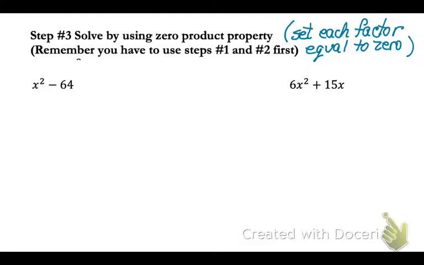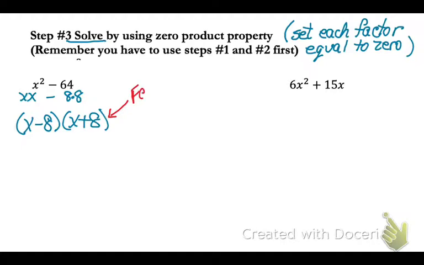Well, there's no greatest common factor that I can factor out of that, but I have a binomial. So I'm going to look at the number of terms, which is step 2, and it looks to me like I've got a perfect square minus a perfect square. So that is going to be difference of squares. So if I factor this, I'm going to get the factors x minus 8 times x plus 8.